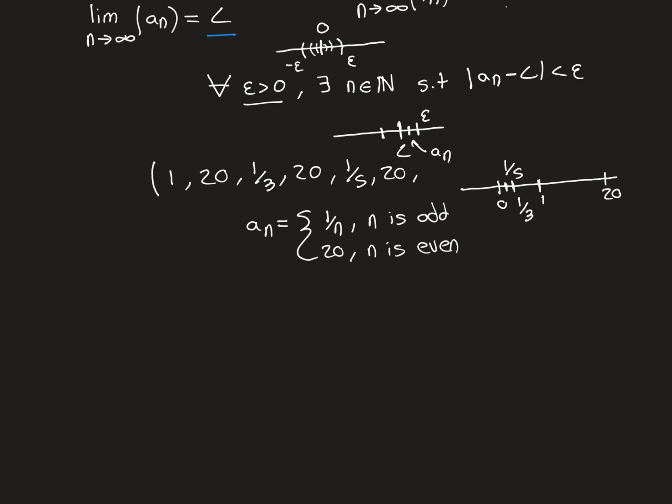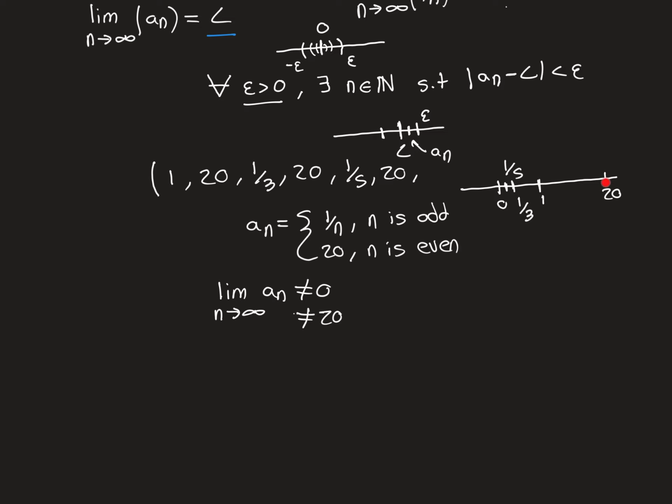Now, it is not true to say that this sequence converges to 0. The limit as n approaches infinity of an is not equal to 0, and it's not equal to 20 either.